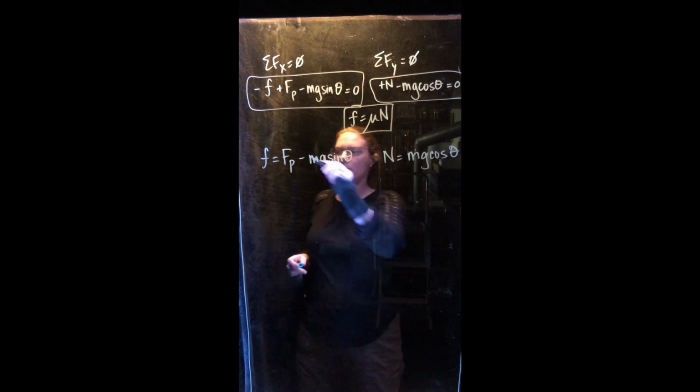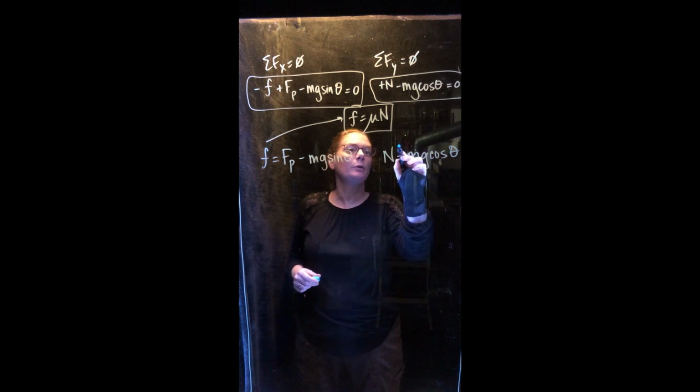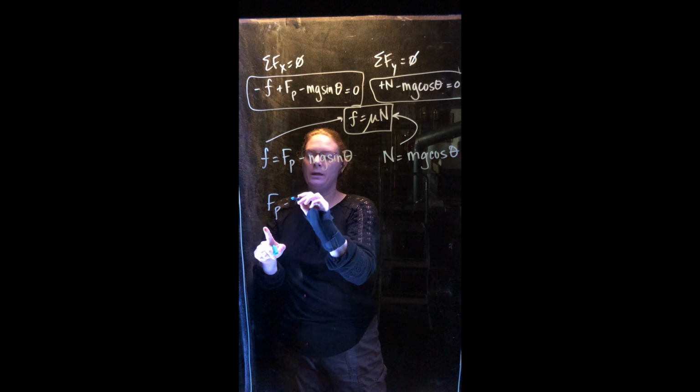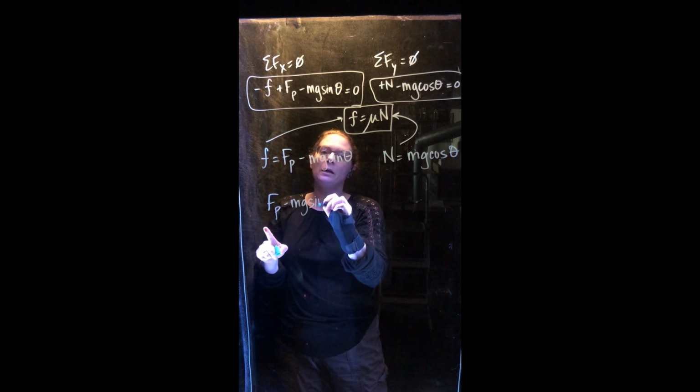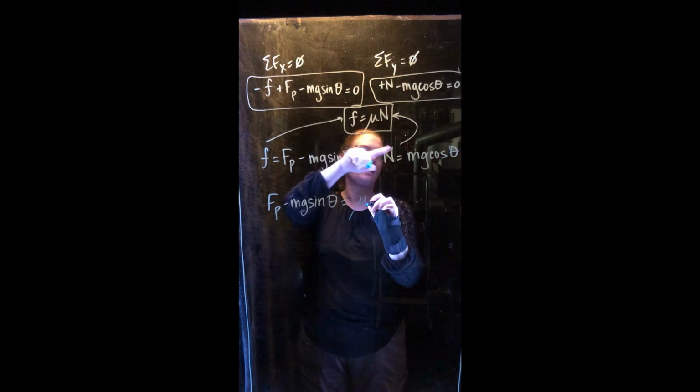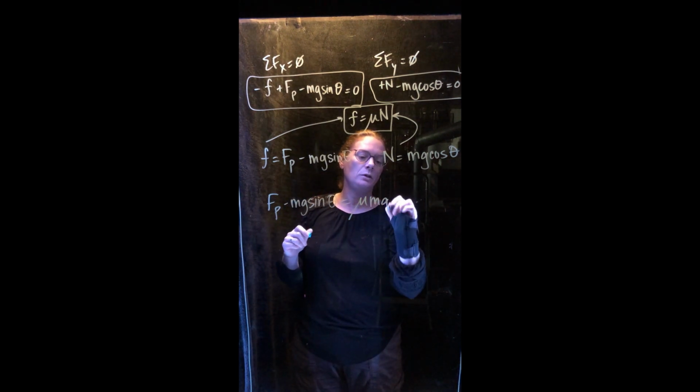Now I'm going to put that in for friction and this in for normal. So the left side of the equation: F push minus mg sine theta equals mu times mg cosine theta.